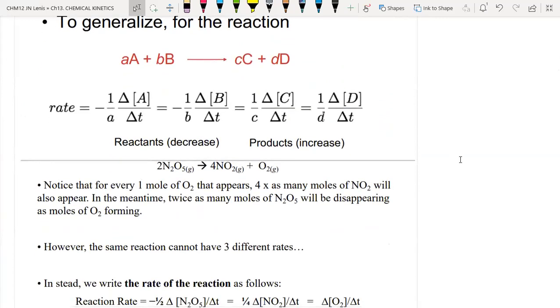The relationship between the stoichiometric coefficients in a balanced chemical equation and the rate expressions is here. So we can relate the individual rates of reactives and products. And here is how you do it.